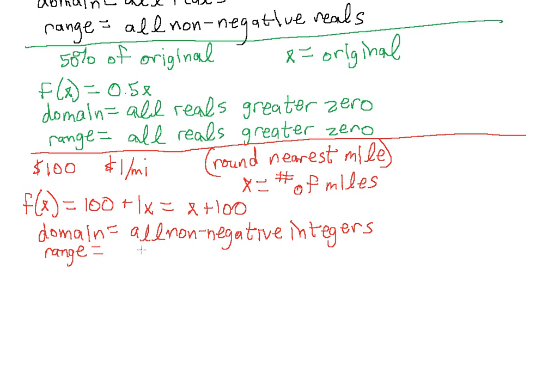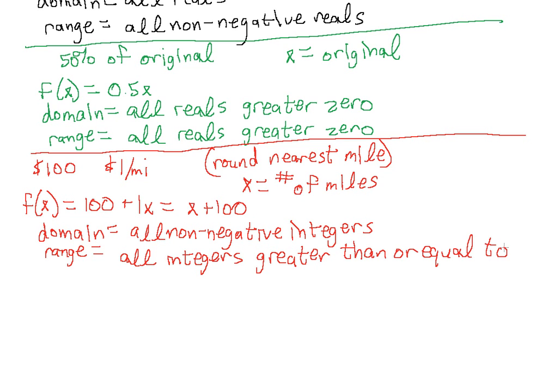So we're going to have our range as the set of all integers, and again they're integers because we're rounding to the nearest mile, greater than or equal to 100, because we can actually have a charge of $100, and that's if he just doesn't drive anything and our number of miles is 0.